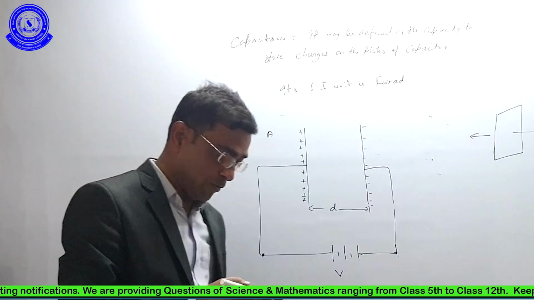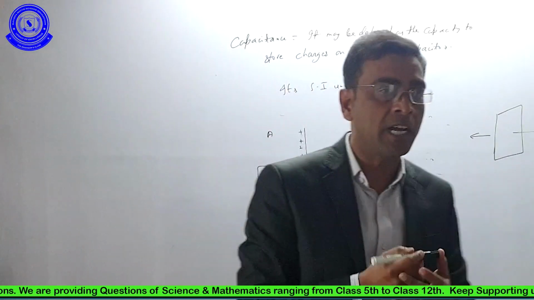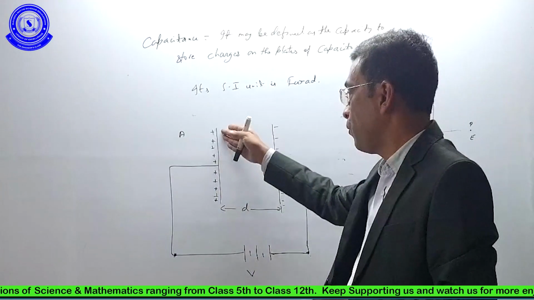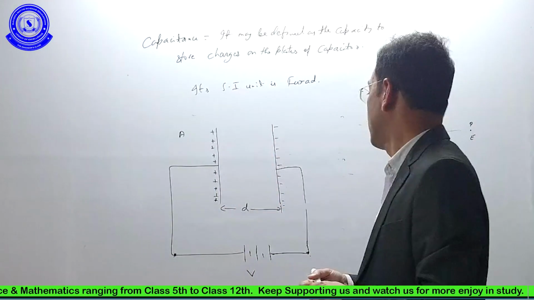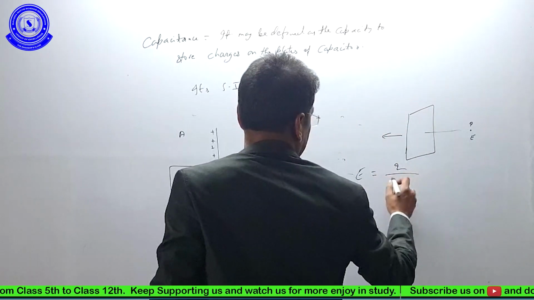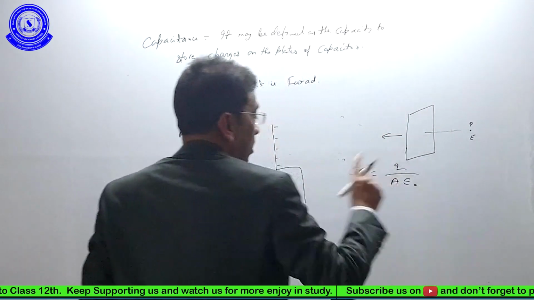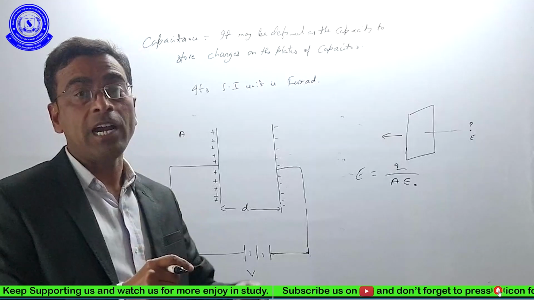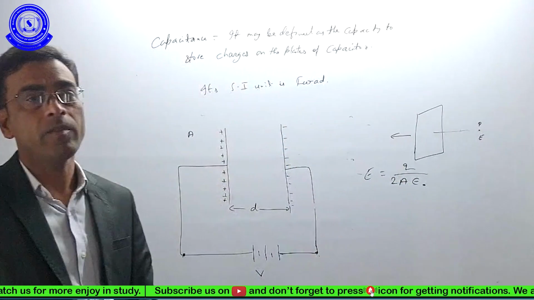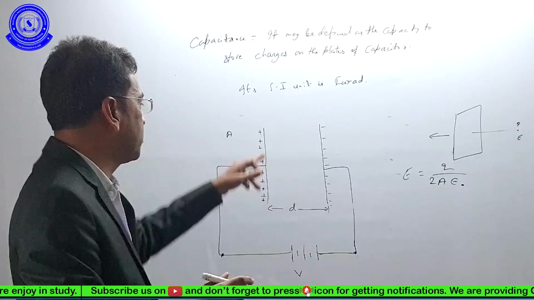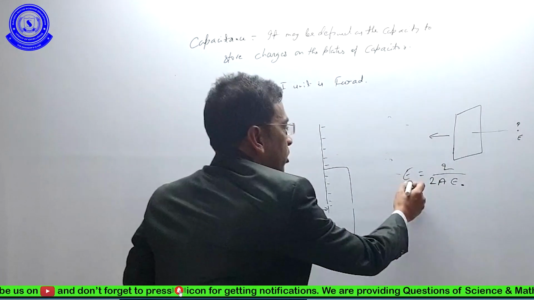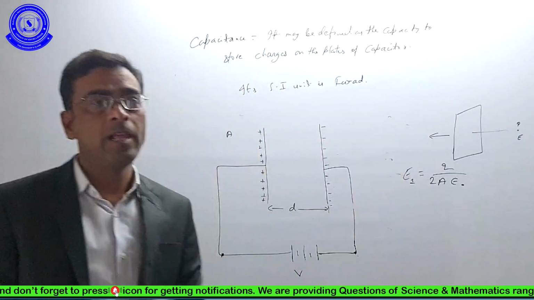Again, as we have just discussed, the electric field developed by a plate is Q by A epsilon naught, and for a particular point on one side the electric field due to this plate will be this value, denoted by E1.